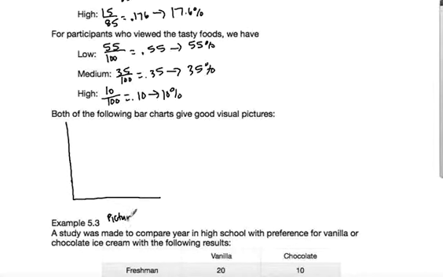So this is going to be our pictures viewed. We've got to have our 3 types of pictures that were viewed. So you had your baby animals, you had your adult animals, and then you had your tasty food. So we'll do 20.